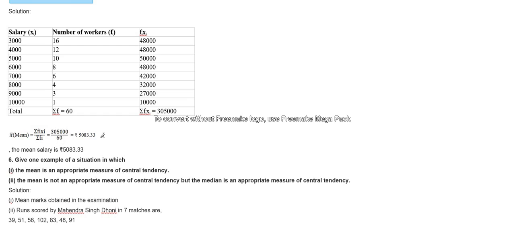So while dividing, we can easily find that the mean salary is 5083.3. So this is the mean salary. In this case, the first step is to find fixi, then sigma fi, means the sum of frequency, and the sum of multiplication of frequency and the given numbers. Then you have to divide it and you can easily find the mean salary. Okay, yes.